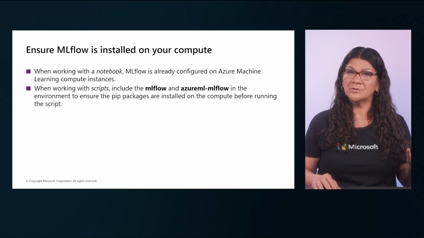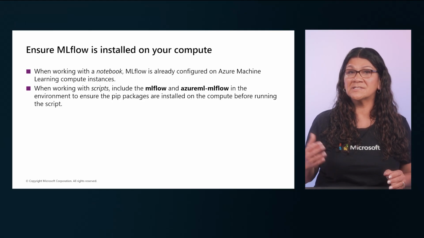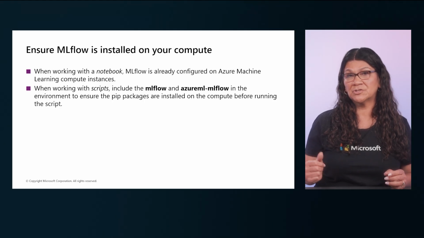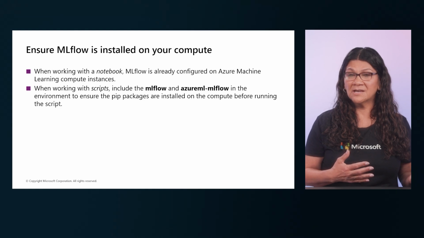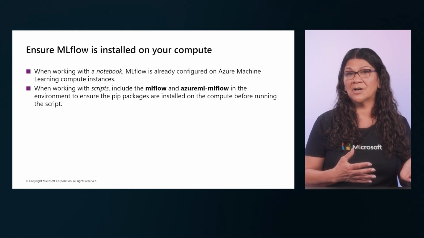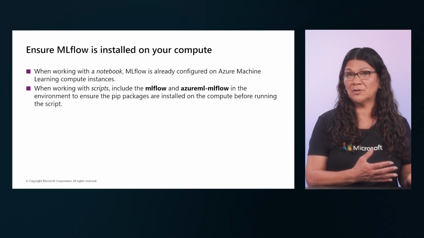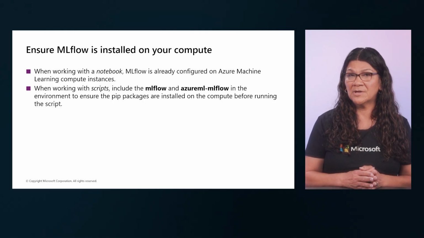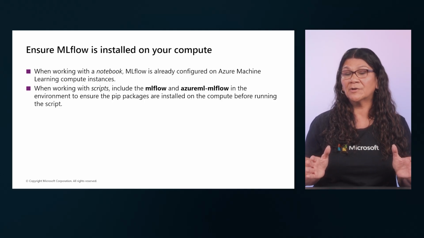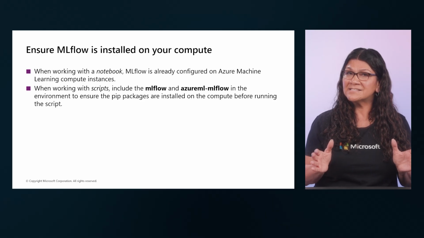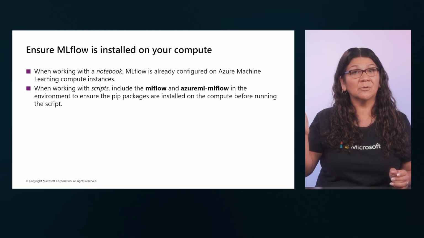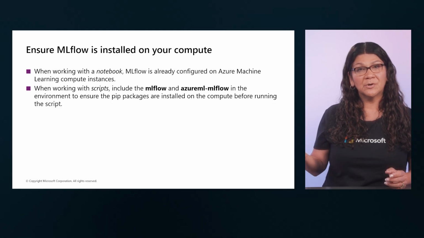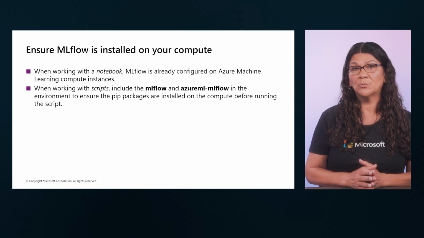Notebooks run on a compute instance where MLflow is already configured in Azure Machine Learning, while scripts run on compute targets where you must include the MLflow and Azure MLflow packages in your environments, so they're installed before execution. That tiny setup step is what turns "I trained something" into a repeatable, comparable, and production-ready experimentation workflow.